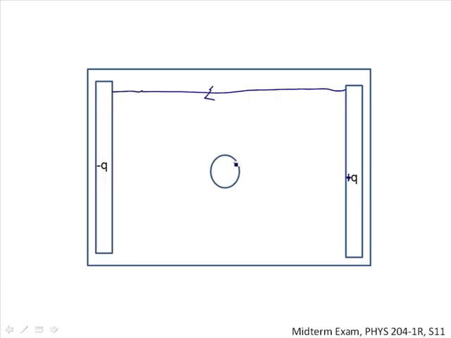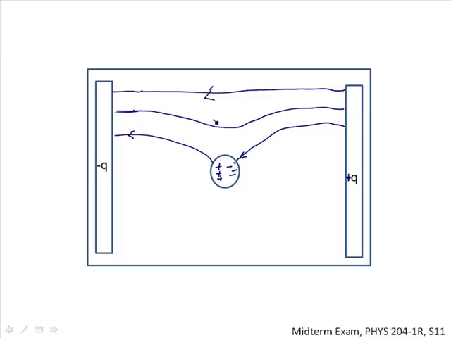You get an induced charge here that is negative and positive on that side, and your field lines in the center are going to curve around, go into that, and then come out of it like that. And then you also get some that sort of just curve in like that. And then likewise over here.